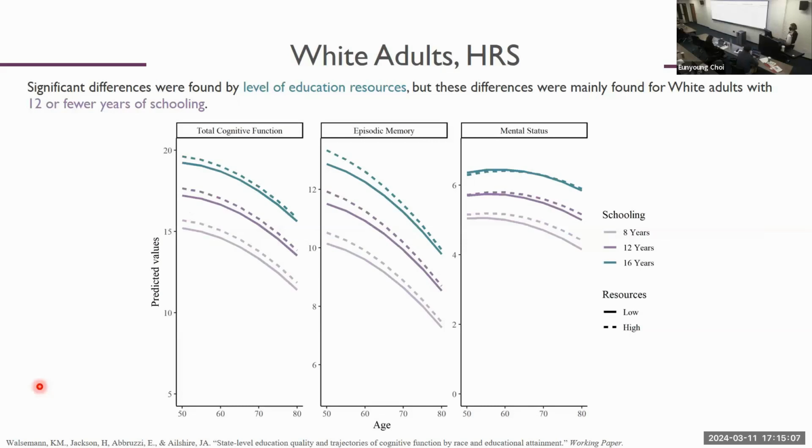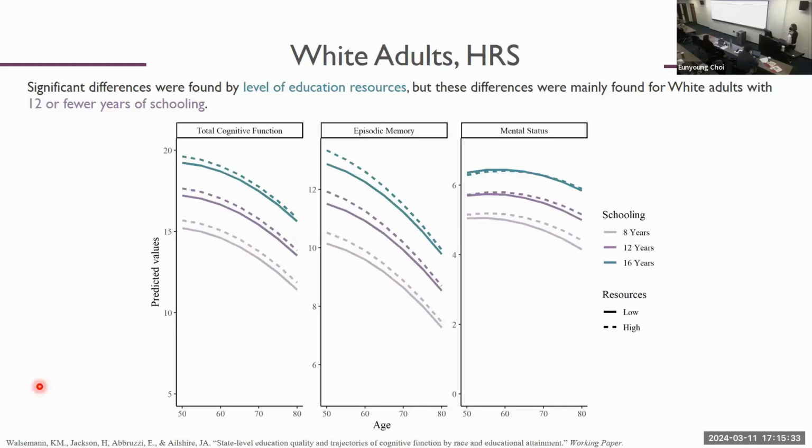And we looked at how that varied by years of schooling. You can see here that for white adults, we found significant differences by level of education resources, but that they were mainly found for those who completed 12 or fewer years of schooling. The lavender and the dark purple are those who had 8 years or 12 years of schooling, respectively. The aqua is if they had 16 years.